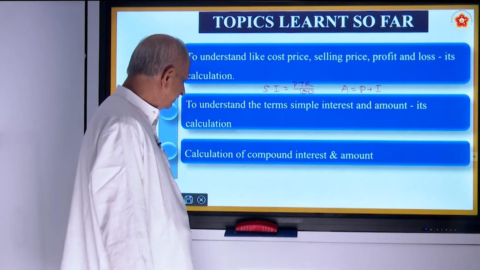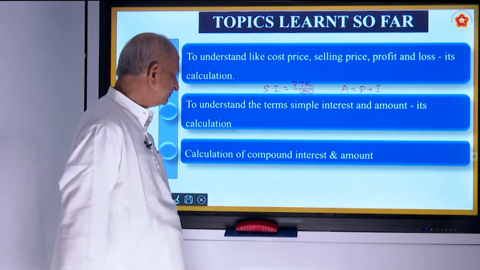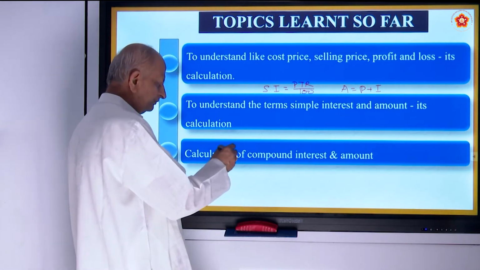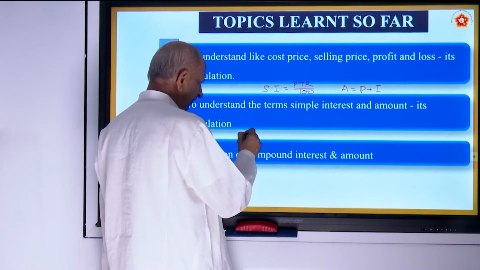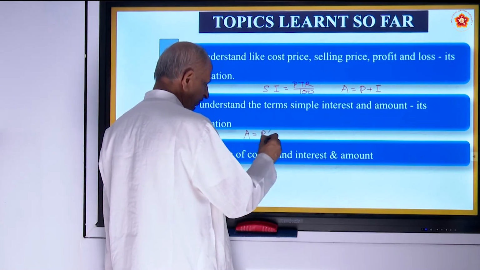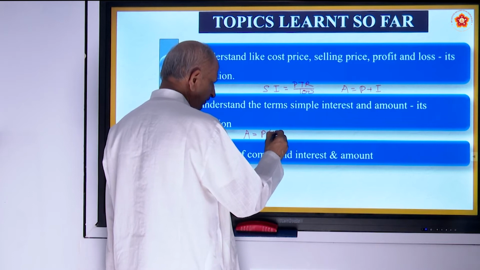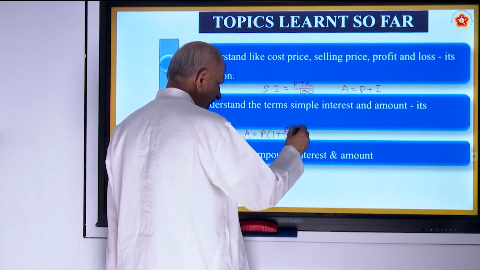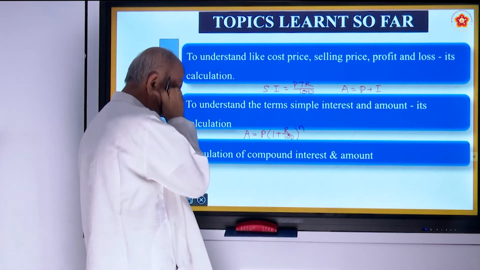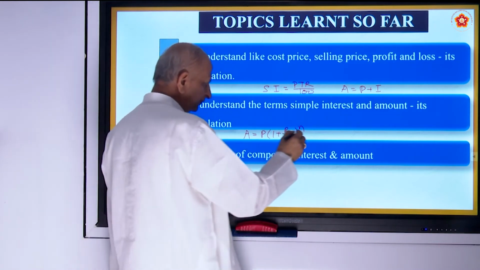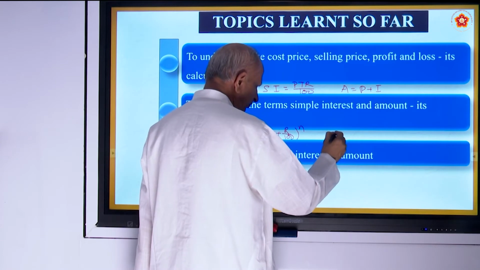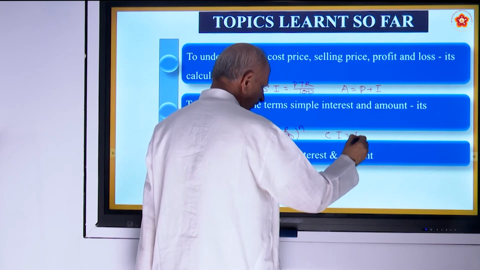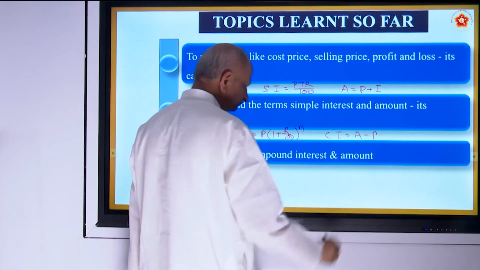And also we are studying the next step of that, called compound interest. The amount for compound interest is given by A is equal to P into 1 plus R by 100 to the power of N. That is the amount formula. And in that, we have calculated compound interest, CI, is equal to amount minus principal.